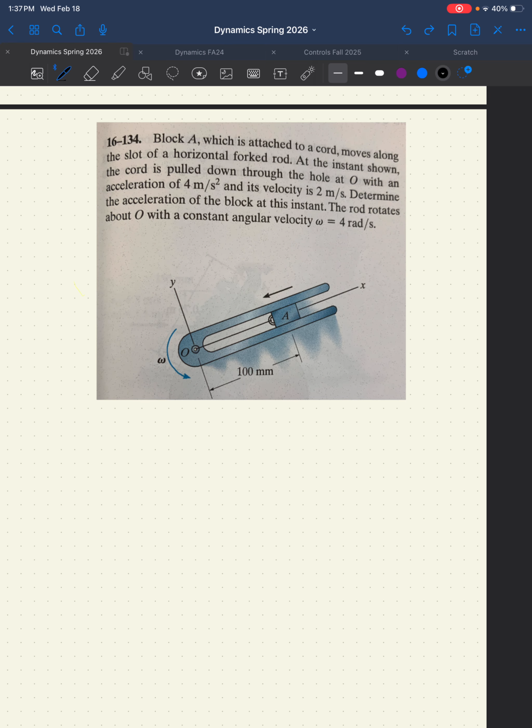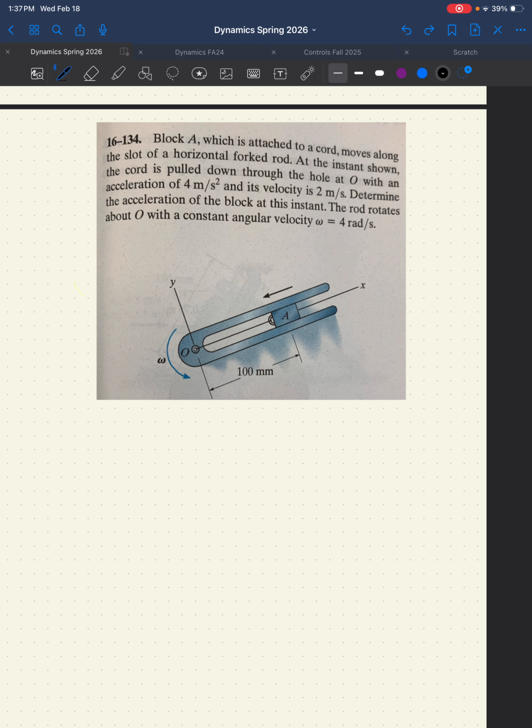Then we have this block that is within this forked rod, and it's being dragged in towards the center of the forked rod because it has this rope or this cord that's being pulled down through this fixed axis of rotation. Okay, so the block is being pulled in along the length of the forked rod in towards point O.